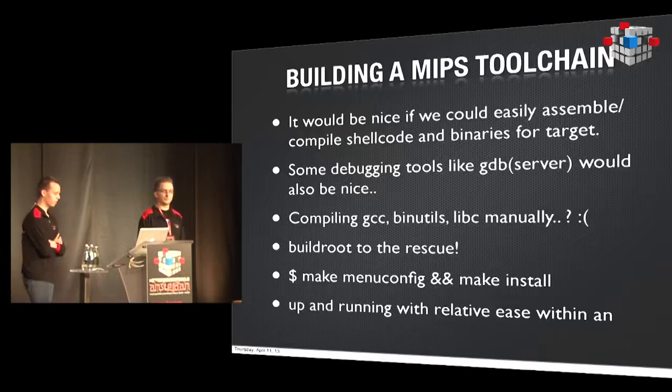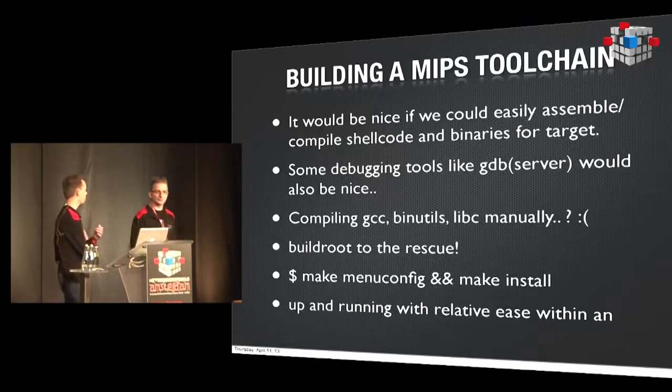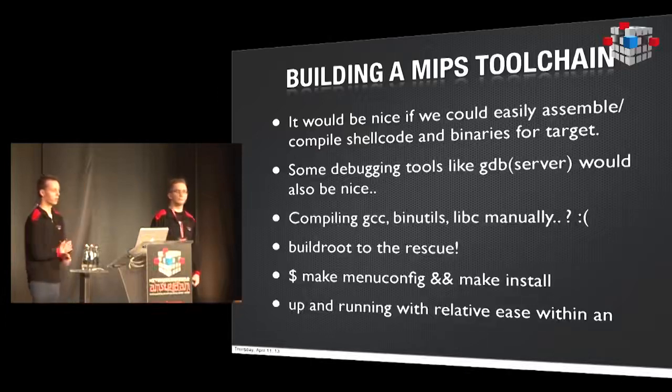So we downloaded Buildroot, and you can then enter make menuconfig, and a nice menu will show up, and it will allow you to select all different things. First you have to select your target architecture, in our case MIPS, and then you can select the utilities you would like to cross-compile.